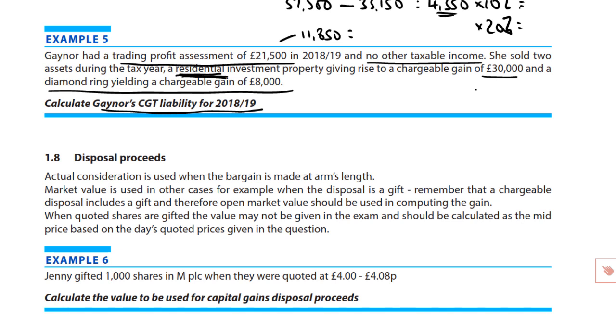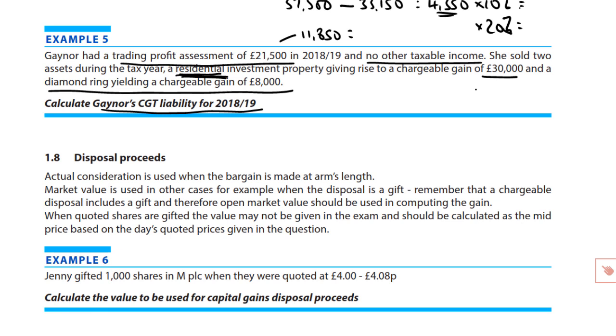There are no losses here, but then any AEA from one or other of those gains. So which do you think would be the gain to deduct the AEA from? Which gain do you want to reduce down? Which taxable gain do you want to be lower?